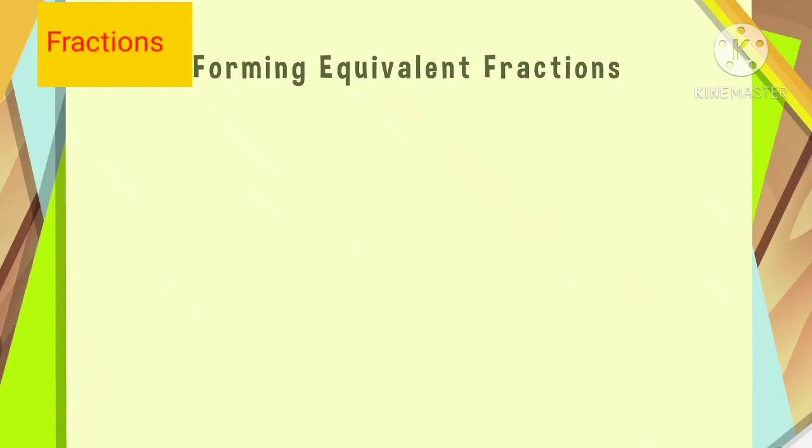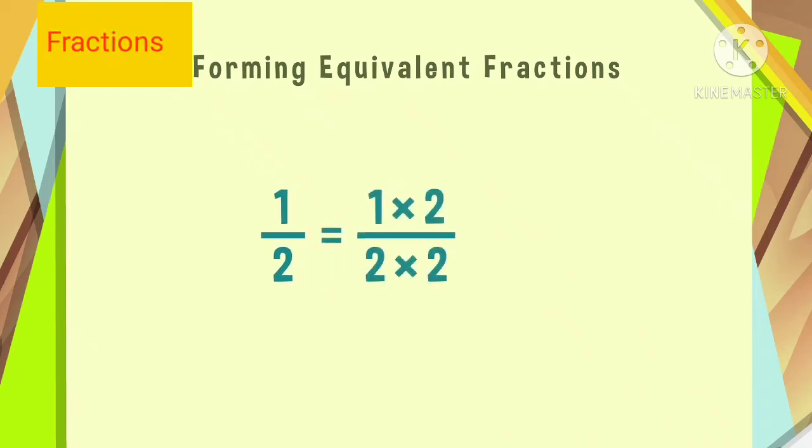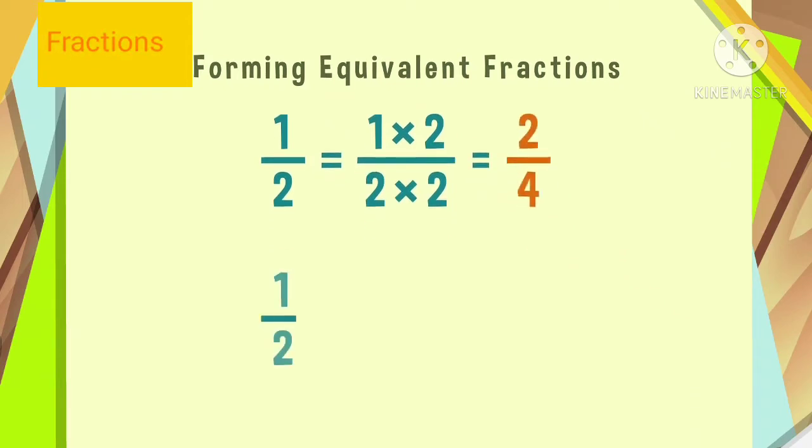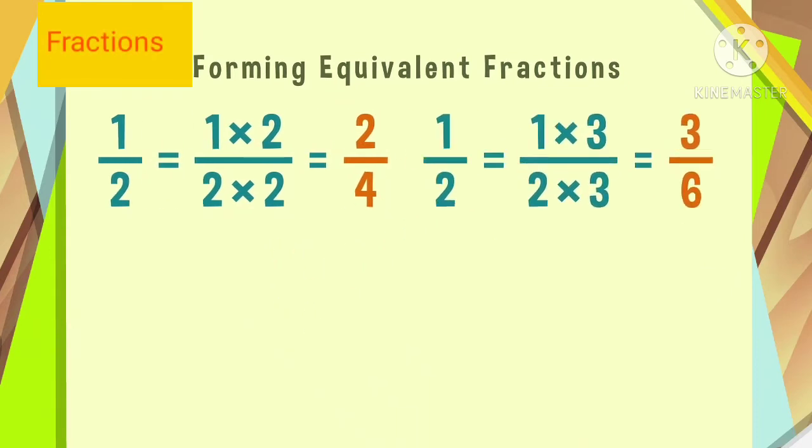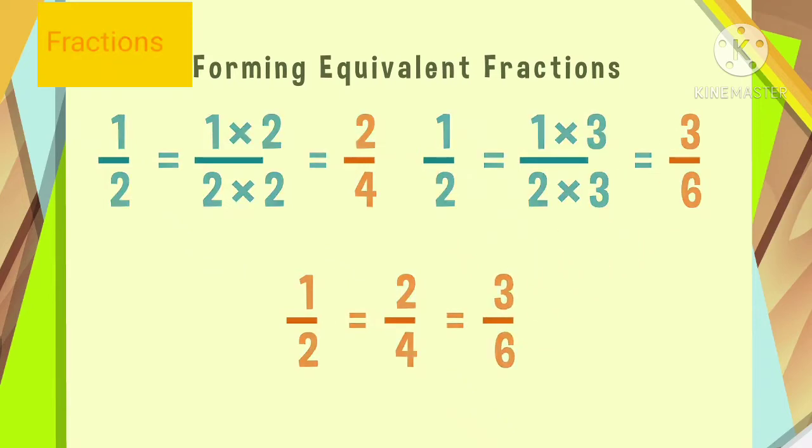For example, let us find the equivalent fractions of 1 upon 2. Multiplying the numerator and the denominator by 2, we get 2 upon 4. Multiplying the numerator and the denominator by 3, we get 3 upon 6. Thus, 1 upon 2 equals 2 upon 4 equals 3 upon 6.